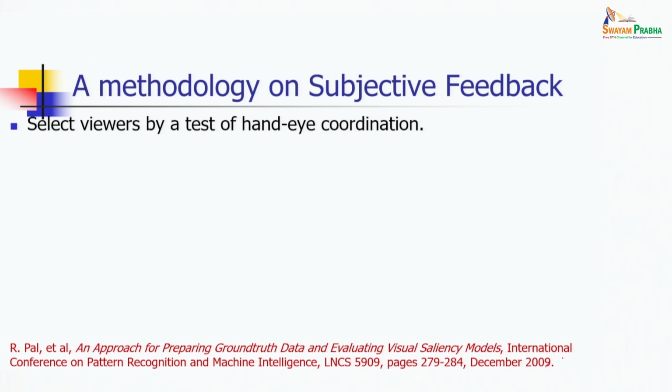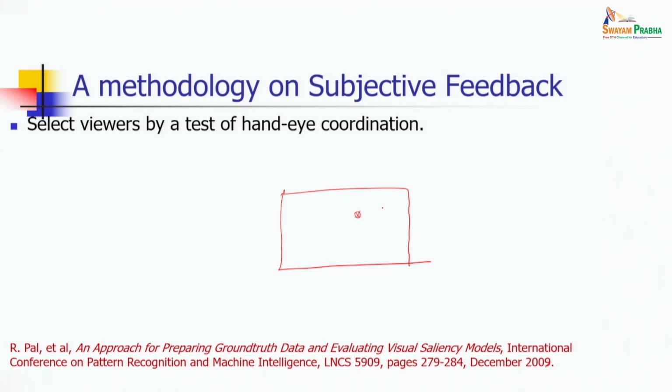In this case, we test the viewer's ability to follow the respective stimulus. Say you consider a computer screen, a blank screen, and the viewer is asked to identify a certain point, some spot which has been illuminated. It will be illuminated and then withdrawn, and then the viewer will be asked to highlight those points.